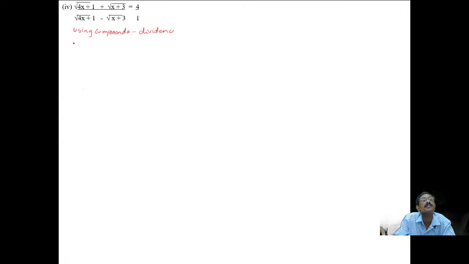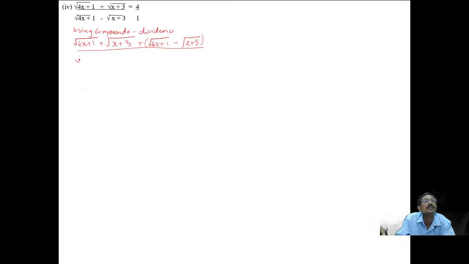We will write root of 4x plus 1 plus root of x plus 3, using componendo plus, let us use a bracket over here, root of 4x plus 1 minus root of x plus 3.